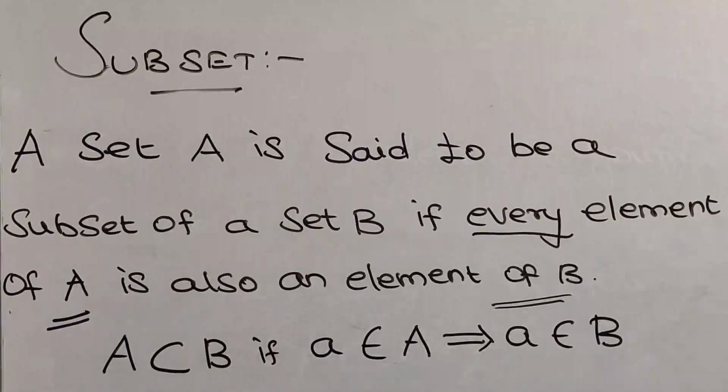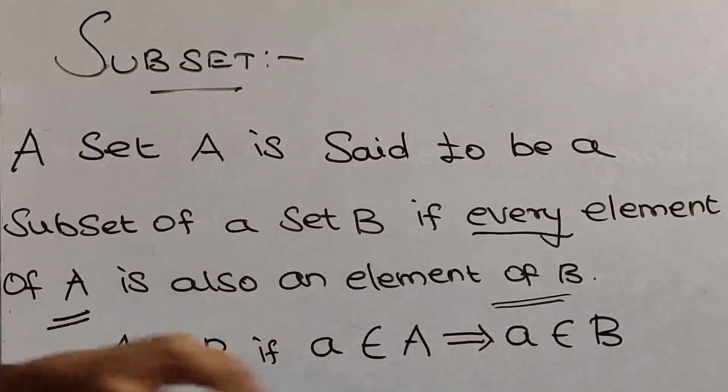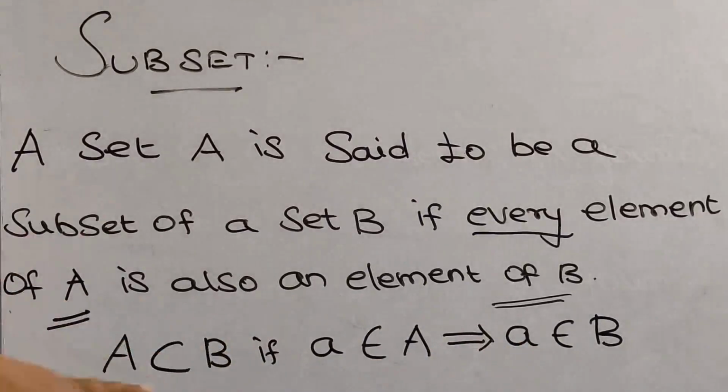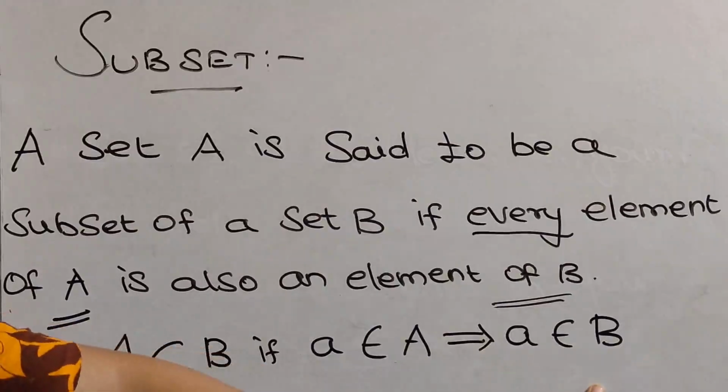So we read this statement as A is a subset of B if a is an element of set A implies that a is also an element of B. I think this is more convenient to write. See, A is a subset of B if an element a belongs to set A implies a is also an element of set B.